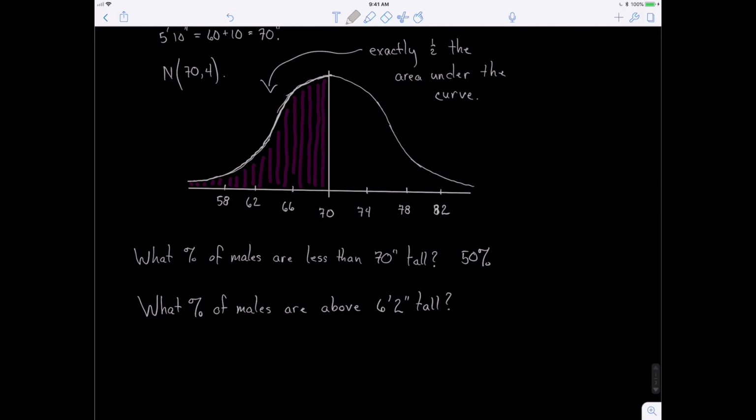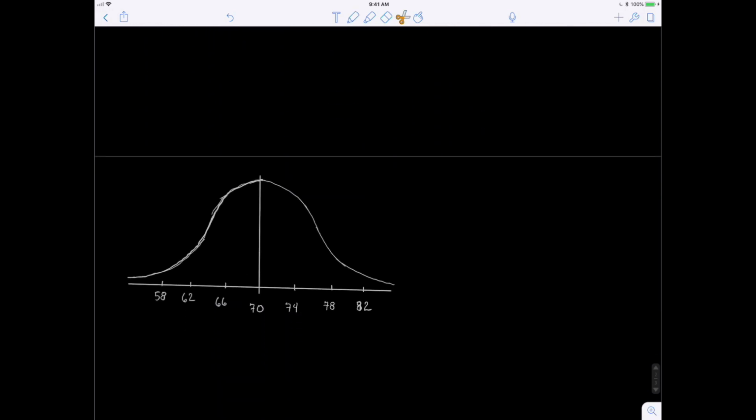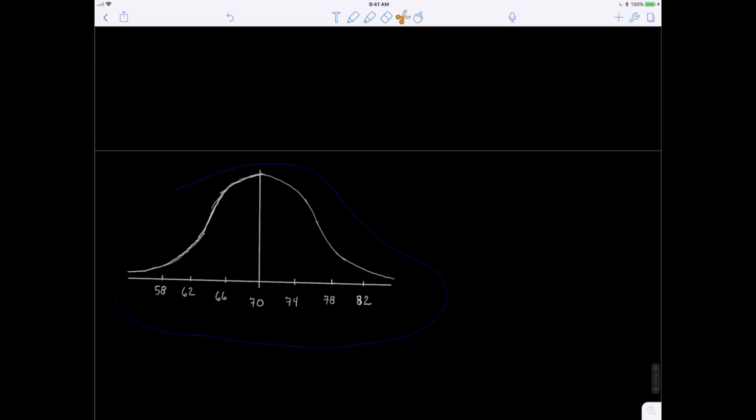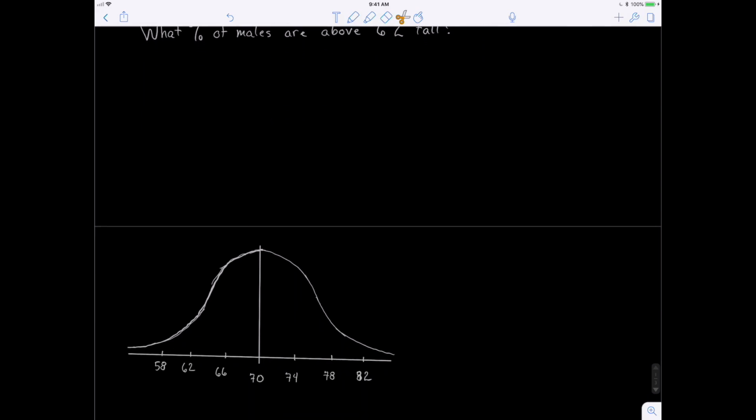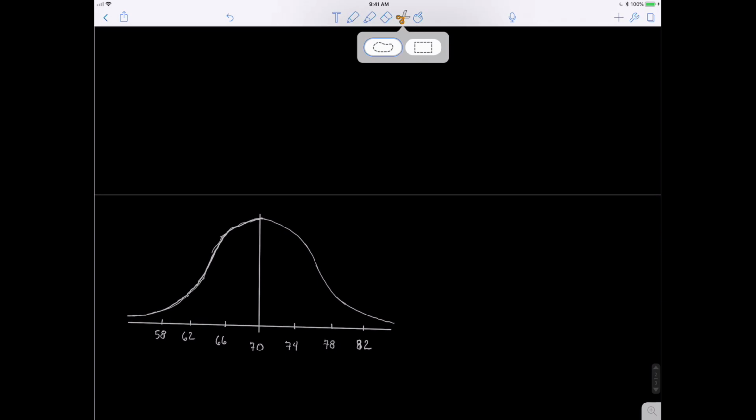Now, in order to do this, let's pick up a copy of this normal distribution. I'm going to copy that and bring it up here so we can put it to good use.